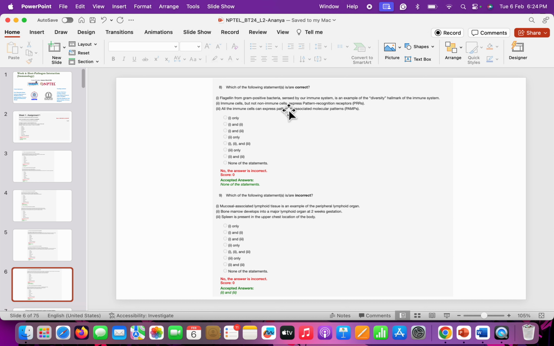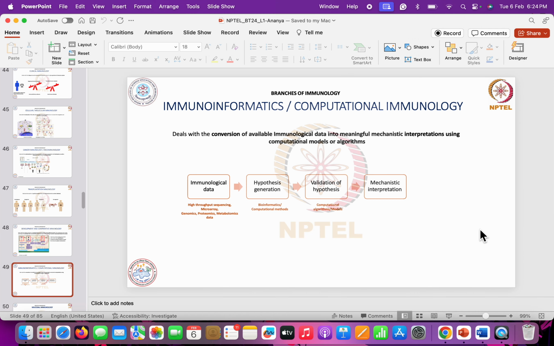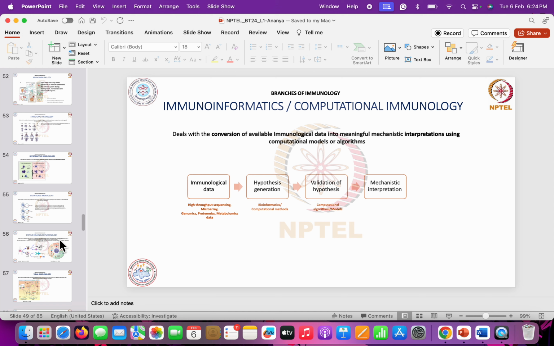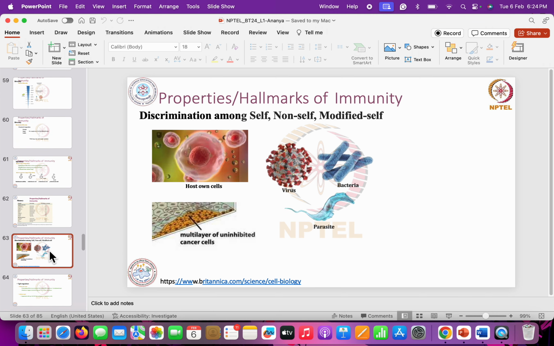Immune cells, but not non-immune cells, express pattern recognition receptors. No, it's not true.